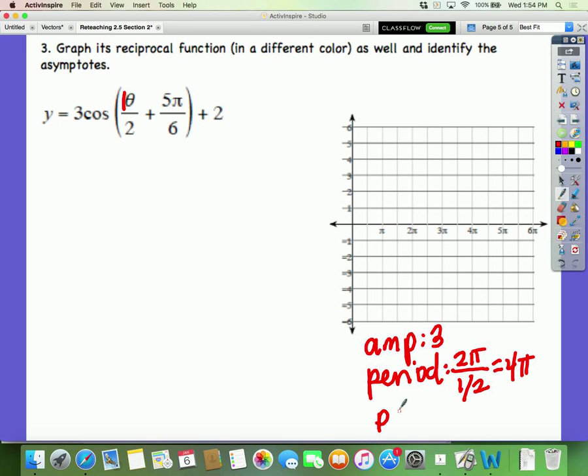What about my phase shift? Negative C over B. What's C in this problem? So I have negative 5 pi over 6, and I'm going to divide that by B, which is another 1/2. To simplify this, I have to keep, change, and when I flip the denominator, what does that turn into? 2.